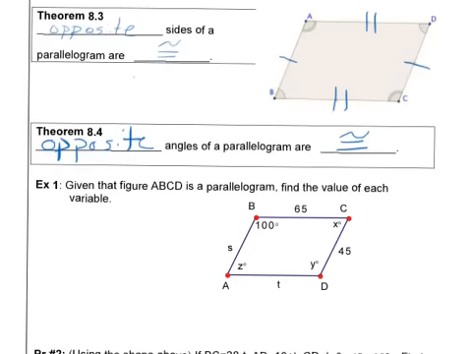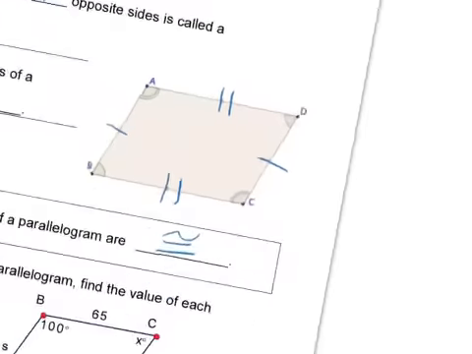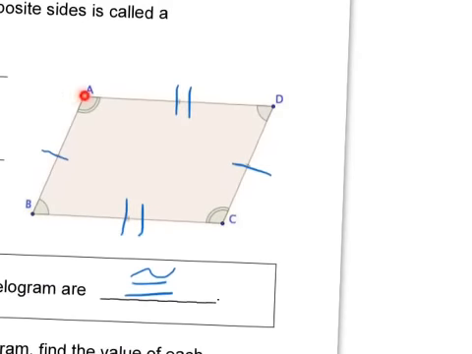One more thing that I didn't note, and I probably need to note up here so we can apply this to this problem. If these two lines are parallel, and by definition of parallelogram they are, what we really have here is parallel lines cut by a transversal. And then these two angles would be same side interior angles.